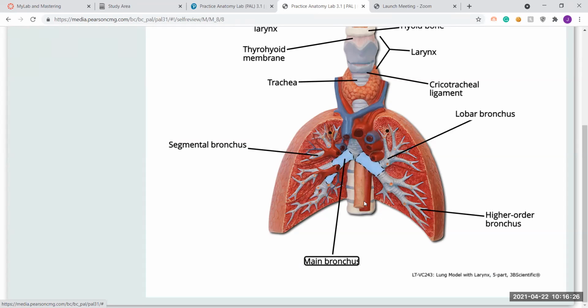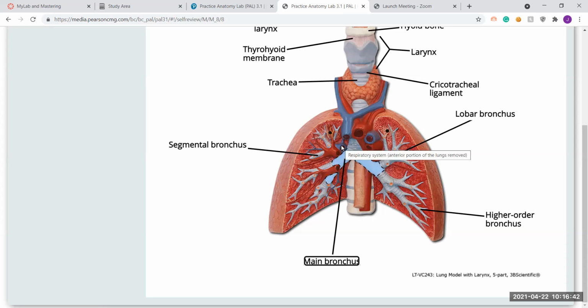And you can see the relationship of other organs in the thoracic cavity. Behind your trachea, you have your arch of aorta and descending aorta. You have the esophagus going on, and behind all these organs, you have your vertebra.